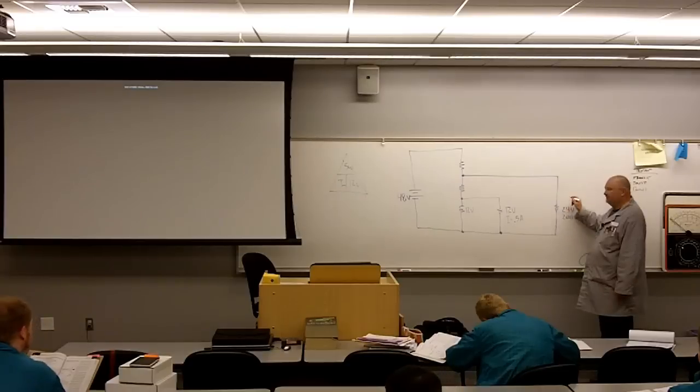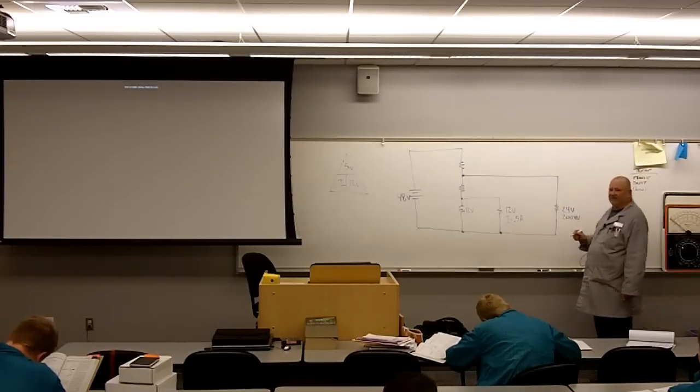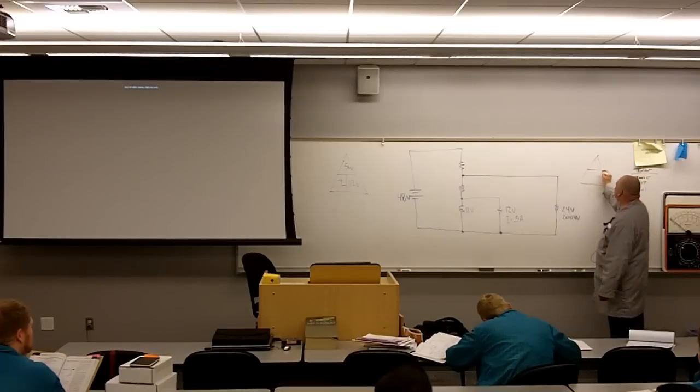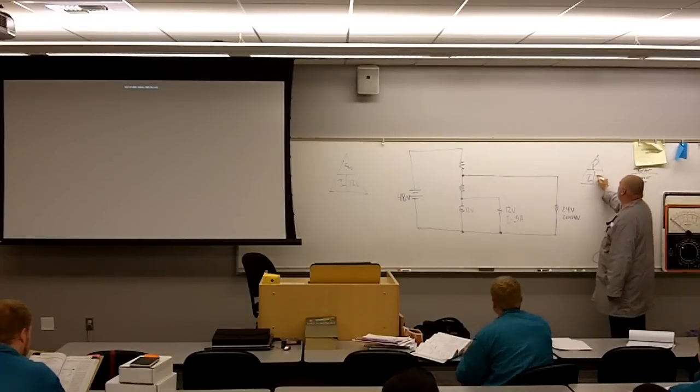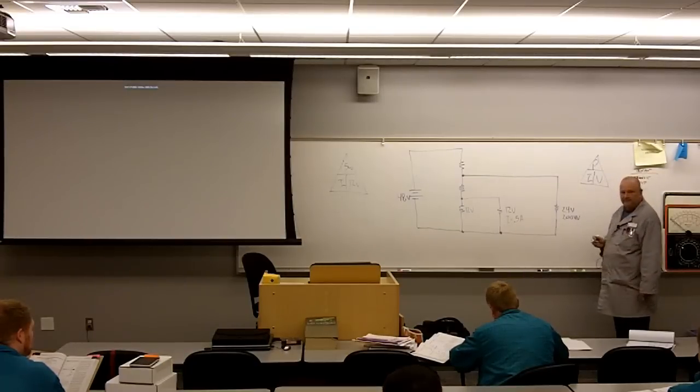How much current is going to be needed to go through this device in order for it to transmit out 200 watts? Again, if you get confused, draw the triangle, P, I, V, 200 watts divided by 24. What do you come up with?